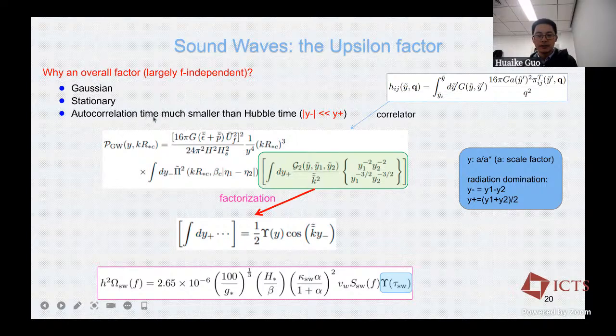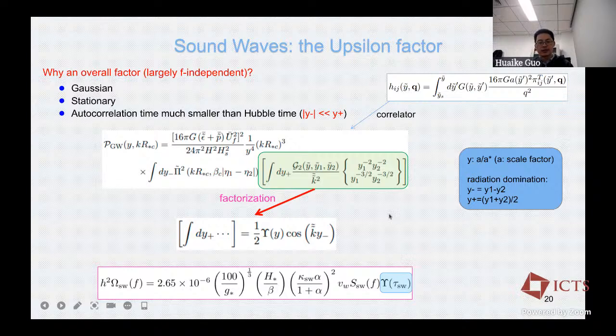And if the time difference is much smaller than other time scales, you can do the following trick. Firstly, we change variables from y1 and y2 to y plus and y minus, y minus being the autocorrelation time. Then, if y minus is much smaller than other time scales in the problem, you can drop the y minus in this part, which integrates basically the time. And then you will find that there will be an epsilon factor, which gives you a factorized form for the gravitational wave spectrum.